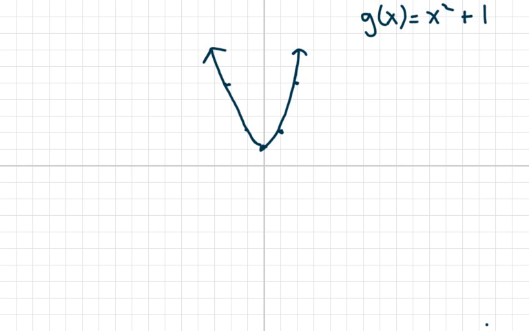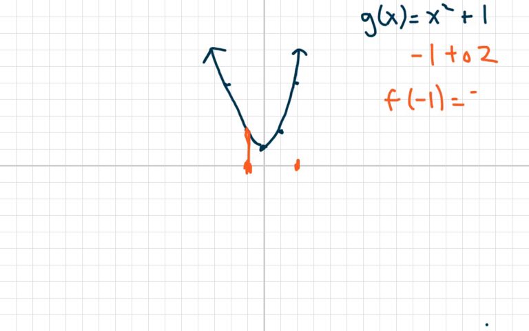Now we want to know what happens between -1 and 2. So we're going from -1 to 2, and we want to find the equation of the secant line. By graphing it well, we already know that g of -1 really goes to 2.